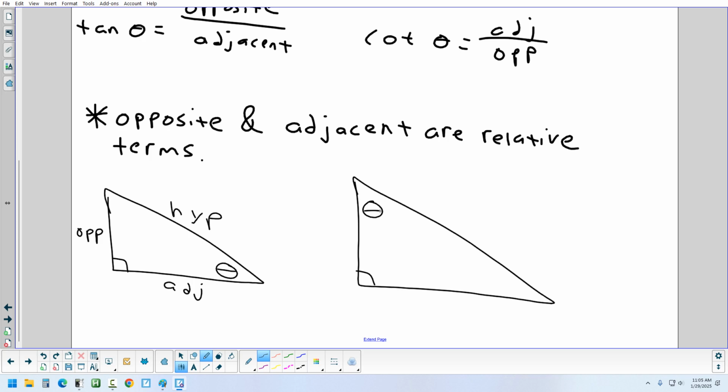Opposite is the side that's furthest away. Now the bottom is opposite. And the height is the adjacent. So opposite and adjacent switch places depending on which angle you're dealing with in the triangle. Questions on that?